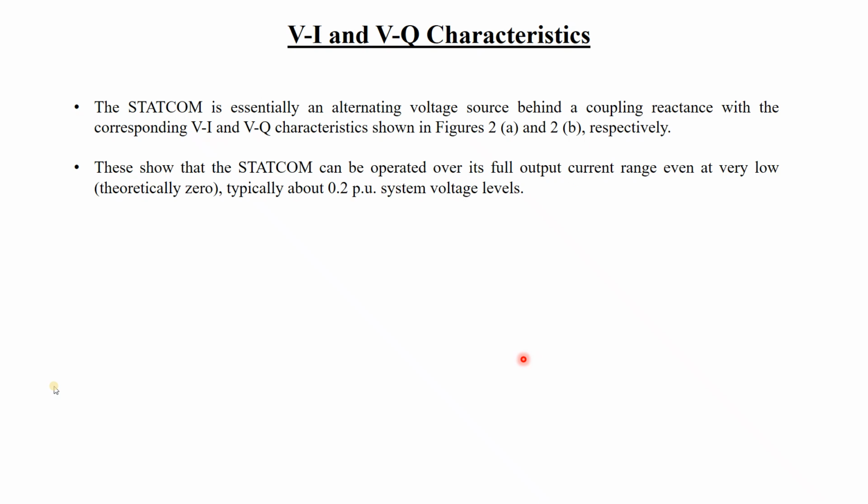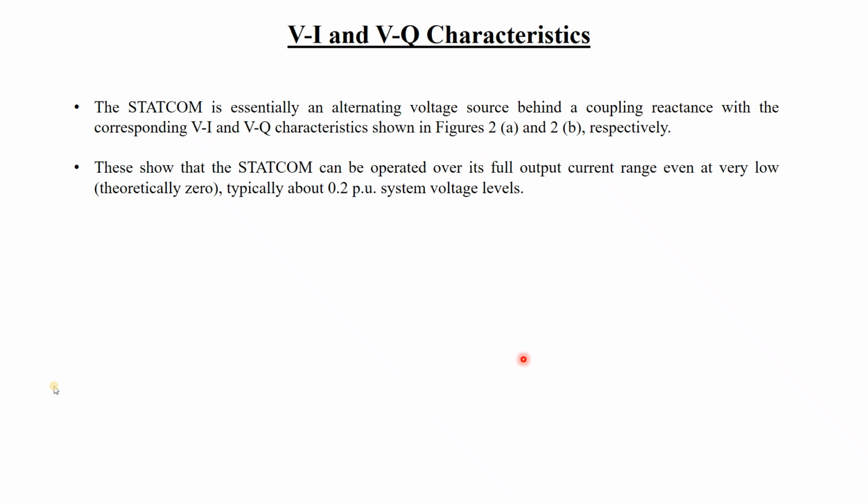These show that the STATCOM can be operated over its full output current range between a very low voltage, theoretically almost 0, to typically about 0.2 of the system voltage level. That means very low voltage.